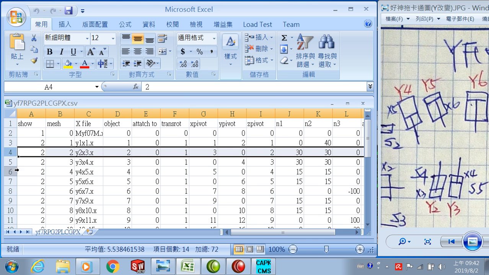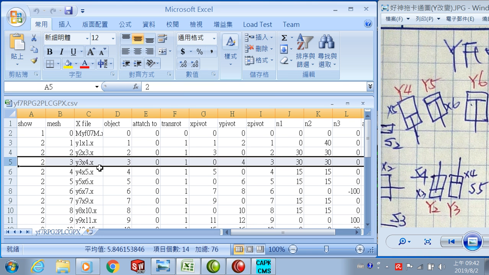Okay, let's see the next one. Y3 S4. S3 S4 is the separator. The definition of the I/O is the lower limit, nothing. The upper limit, PLC input 4, S4. The Y3 open actuates the movement.